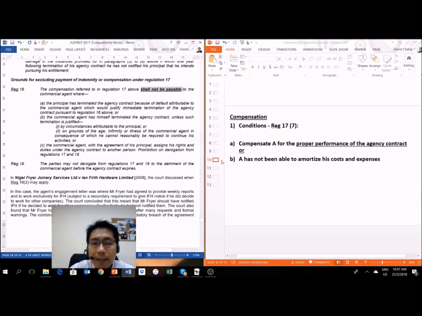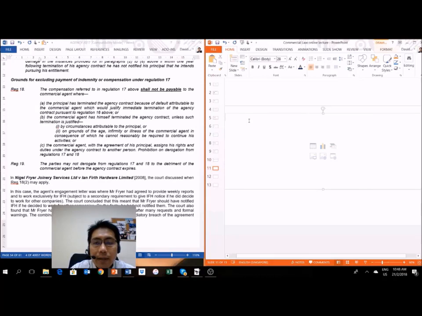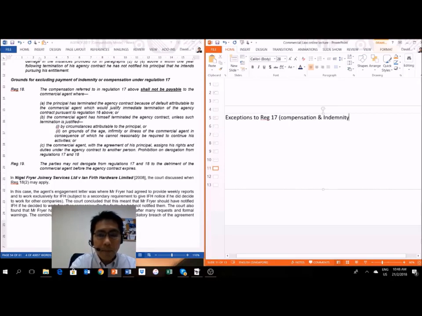So one way to understand this is to recognize it as a limitation or an exception. So exceptions to Regulation 17, which is exceptions to compensation and indemnity.